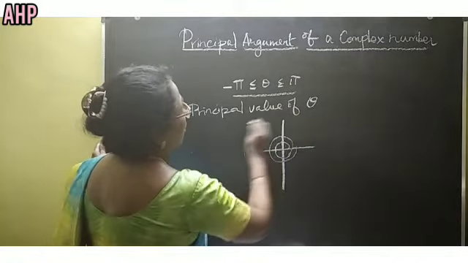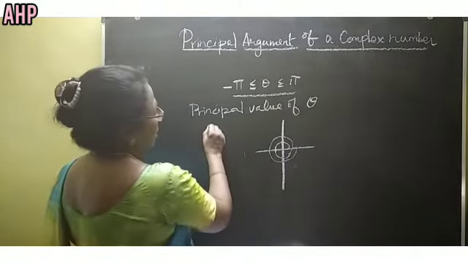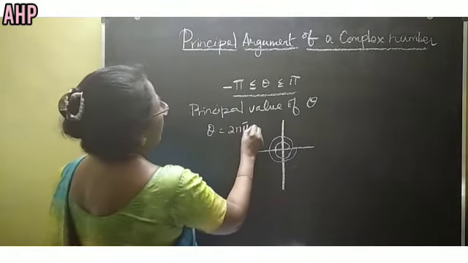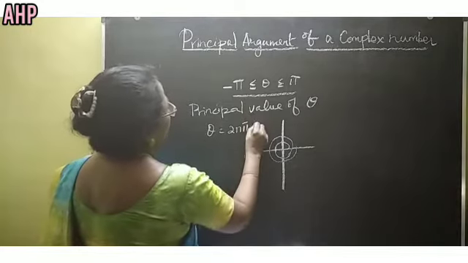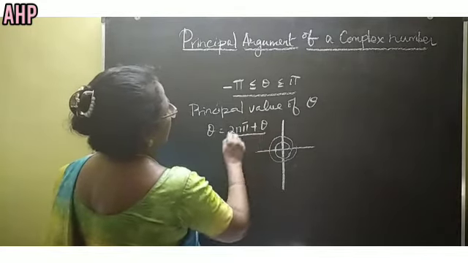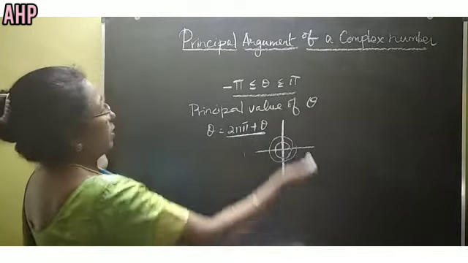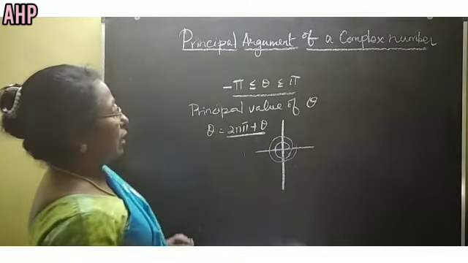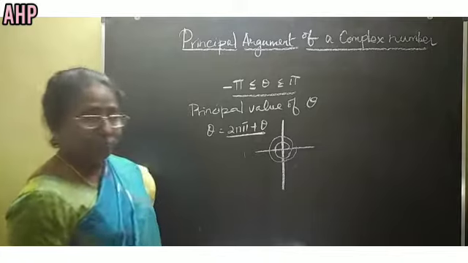The general value of theta is theta is equal to 2n pi plus theta. Principal value of theta lies between minus pi less than or equal to theta less than or equal to pi.